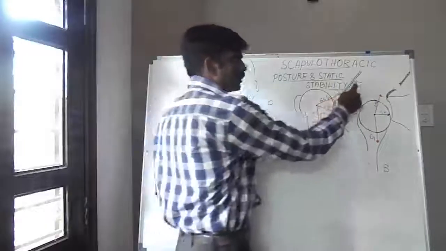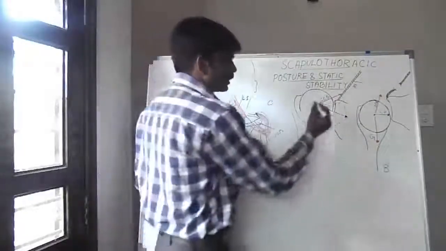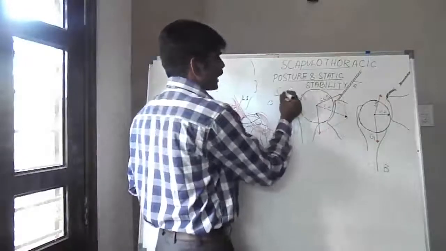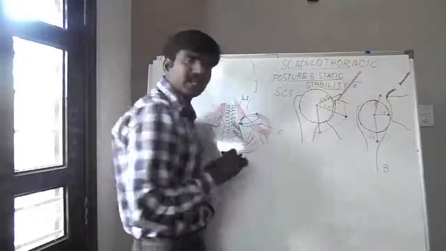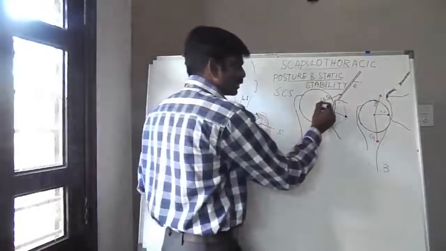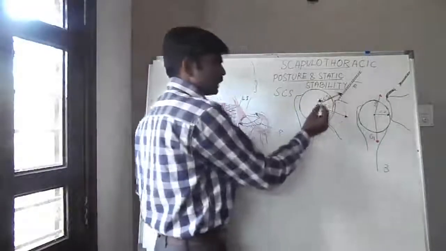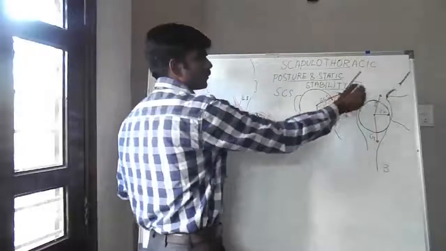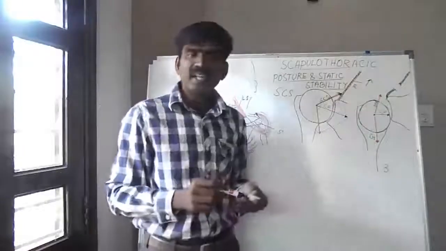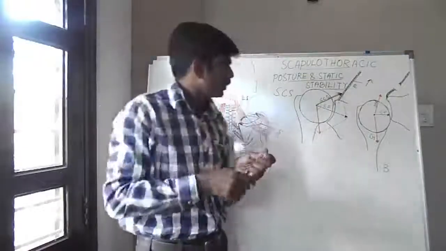So along with the muscular force, the superior capsular structures help, so this is the direction of the force of the superior capsular structures, and this is the force of the muscles which maintains the slightly elevated posture of the scapula.